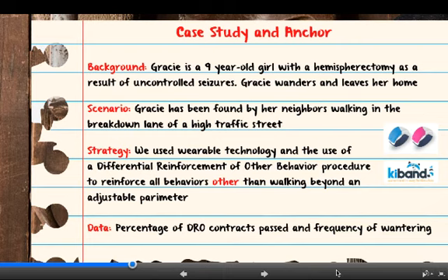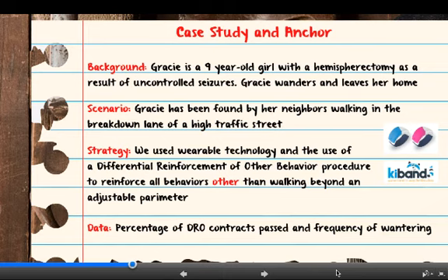Gracie's presenting problem was that she wandered from her home and put herself at high risk. The scenario specifically involved this. Gracie had been found by neighbors walking in the breakdown lane of a high traffic street. Her family lived on a well-traveled road that was kind of a pathway between two major thoroughfares, and it was a pretty busy street.